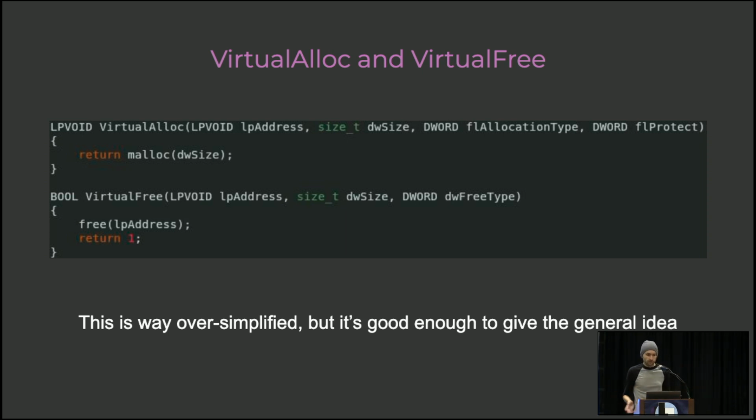This is way oversimplified because both the Windows functions have a lot more options that you could use, but this is close enough to tell us what Wine is basically doing. It's taking those calls to Windows standard libraries and translating them into calls that Linux is able to understand.